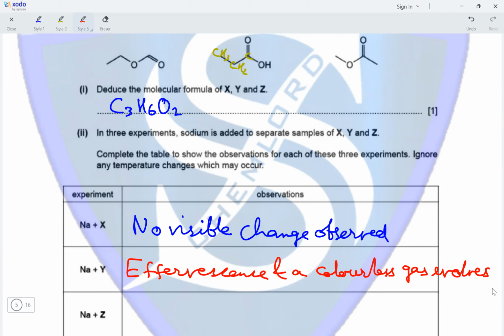This would be hydrogen gas that is being given off. Carboxylic acid plus metal would form sodium carboxylate, giving off hydrogen gas. And sodium plus Z. Z is an ester. Esters also do not react with sodium metal, so we will have no visible change observed.